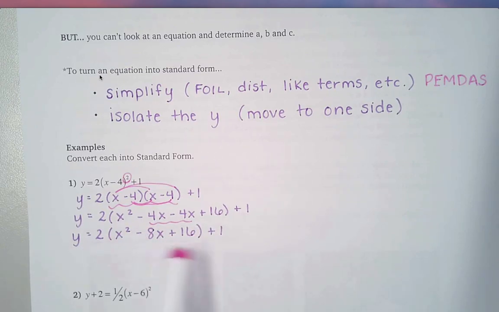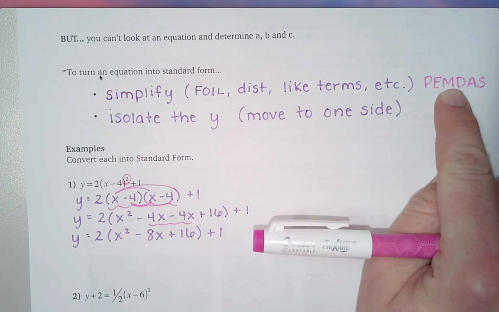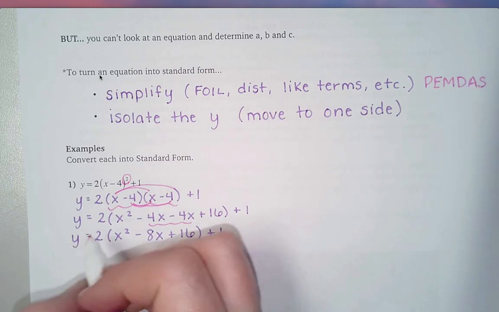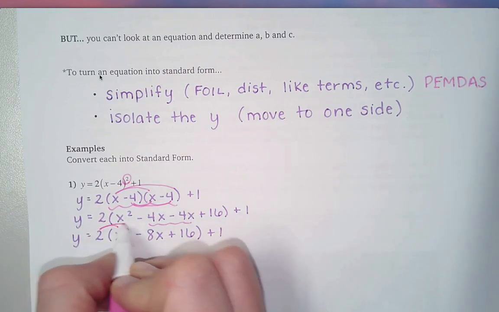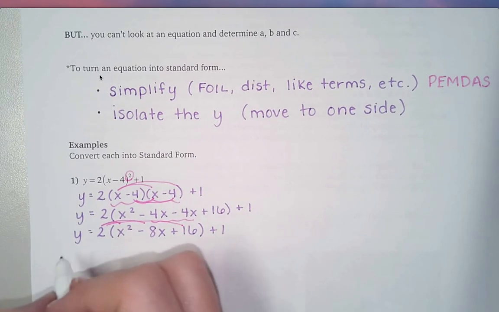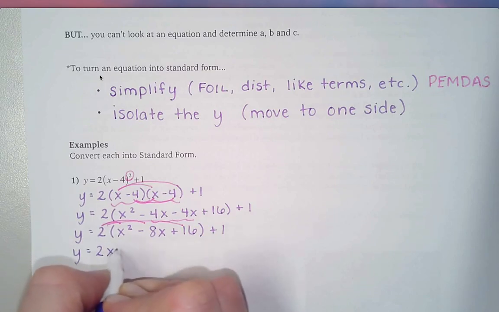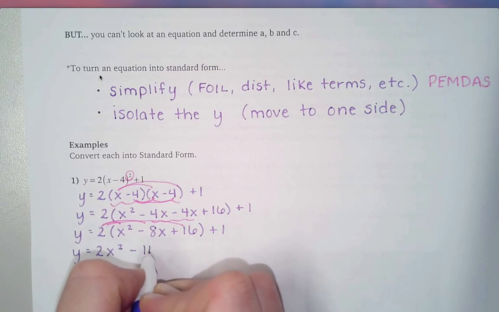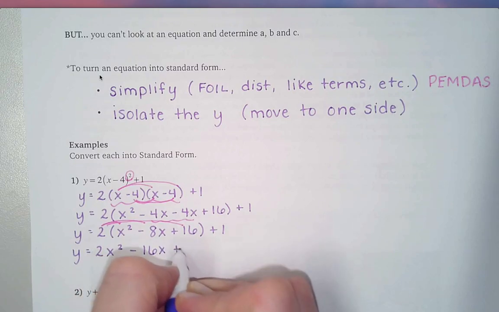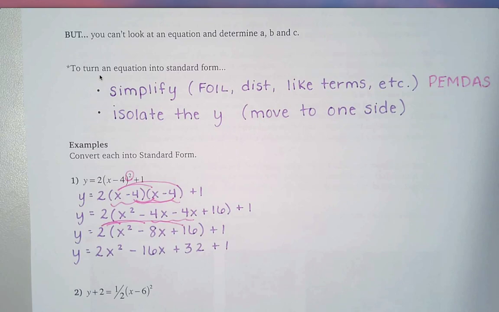Now, between these 2 things, we have to think about which one should come first. According to PEMDAS, multiplication and division has to come before addition and subtraction. So next I'm going to distribute this 2. And then I still have that plus 1 hanging on down there.